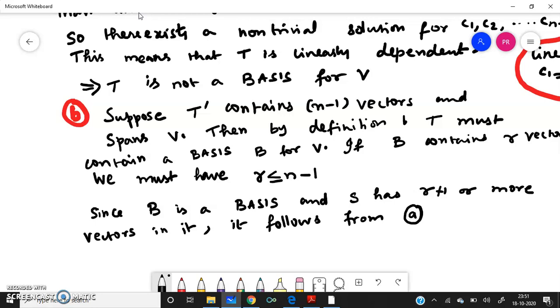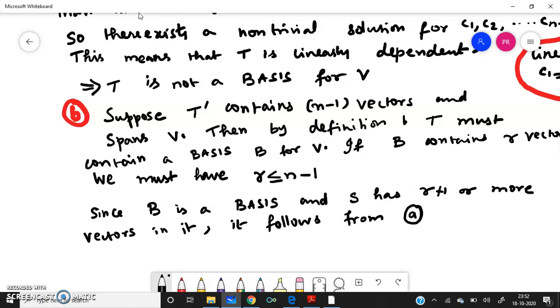This R can be less than n minus 1, or it may be equal to n minus 1. So S has R plus 1 or more vectors in it. It follows from A. What is our part A? Part A clearly says that S is linearly dependent if it has more vectors, R plus 1, then it should be linearly dependent. So this is our part A.